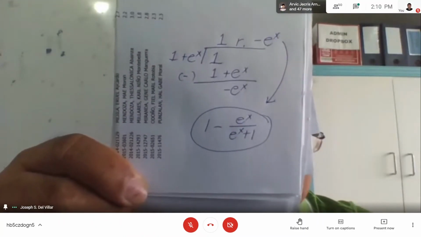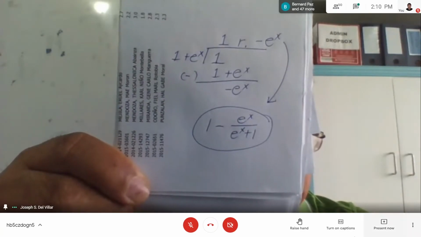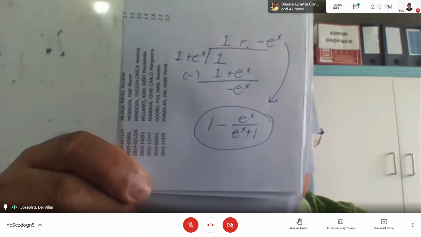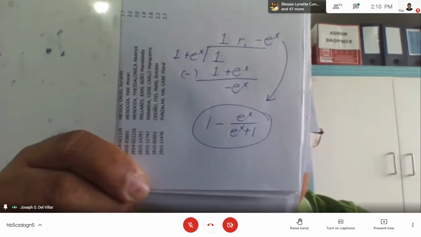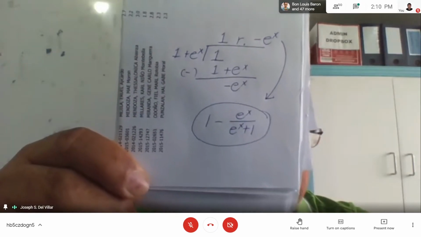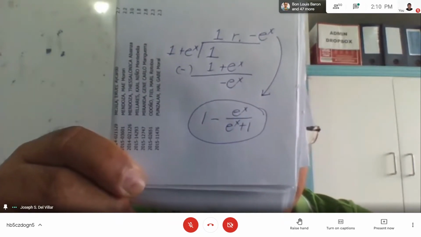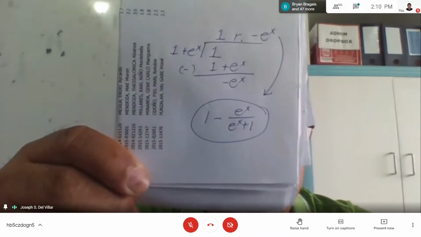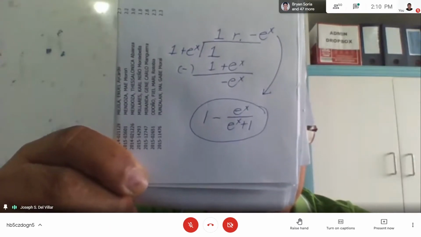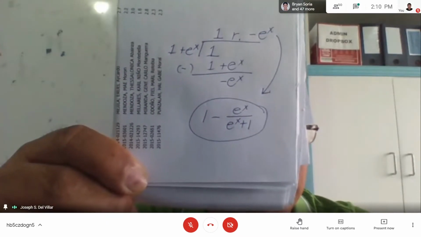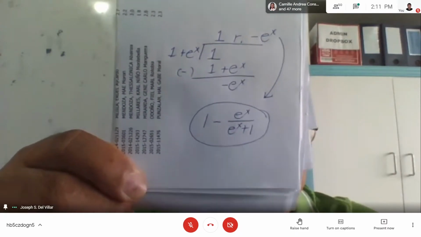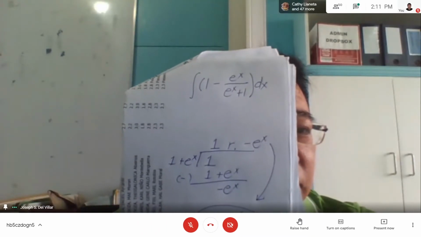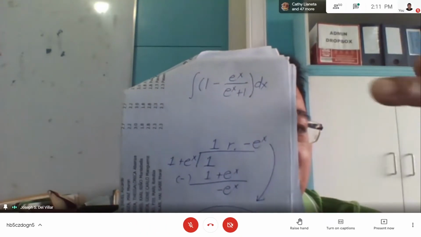Can you see it? So you got why the quotient turned out that way. The quotient is 1, remainder negative e to the x. But the remainder can be expressed in the form of a fraction. So that is why what I circled there is what you will integrate. And the given is transformed into this one.